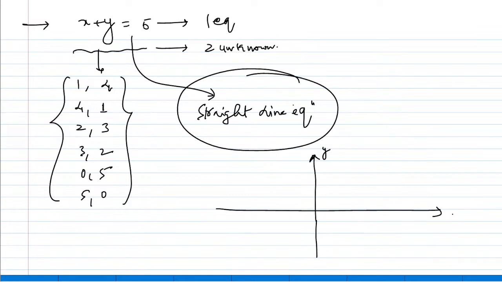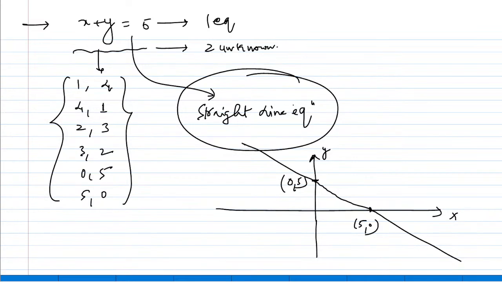This is y, this is x. Take y equal to 0, so x equal to 5. This is the point 5 and 0, and this is the point 0 and 5. You can join them. Plotting a straight line equation is very simple.